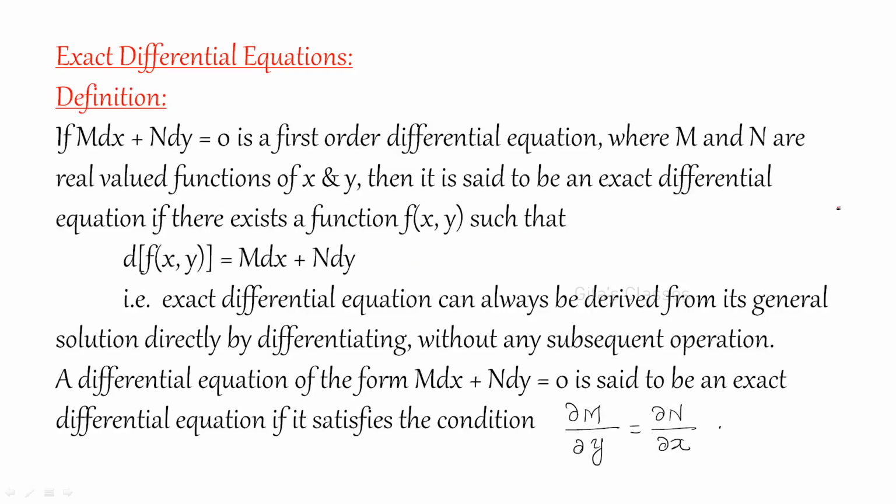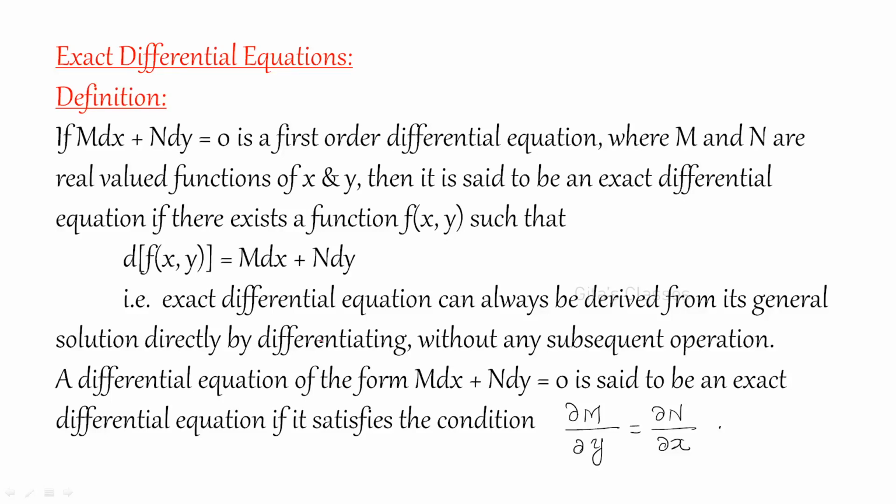So now you read, if M dx plus N dy is equal to 0 is a first order differential equation where M and N are real valued functions of x and y, then it is said to be an exact differential equation if there exists a function f of x comma y such that d of f of x comma y is equal to M dx plus N dy. That is, if it is formed just by differentiating, you will be able to write it as d of some function is equal to M dx plus N dy. That is, an exact differential equation can always be derived from its general solution directly by differentiating without any subsequent operation.